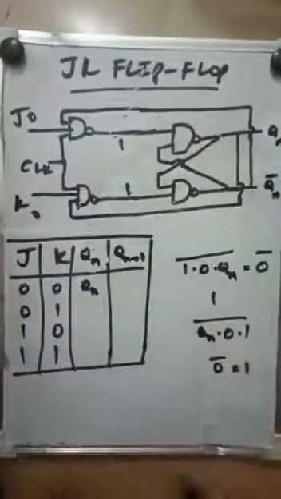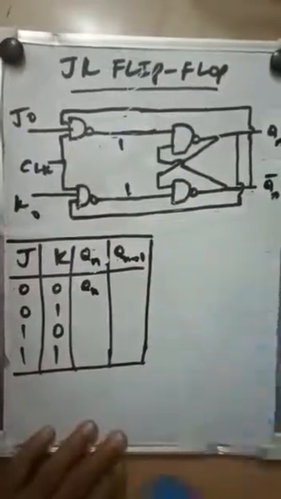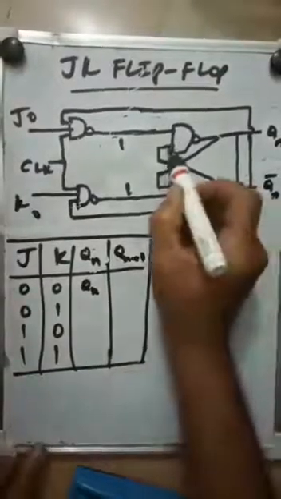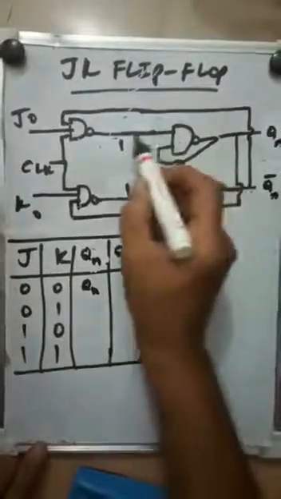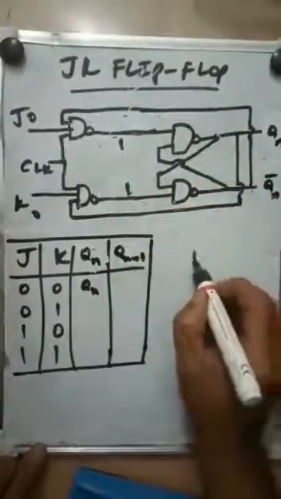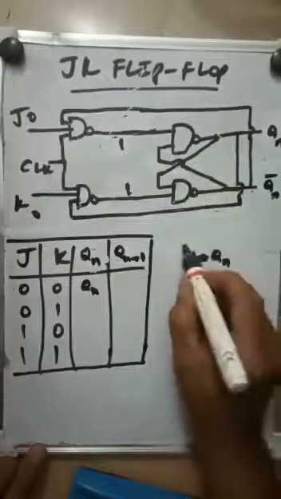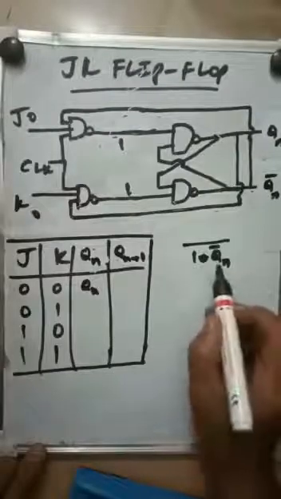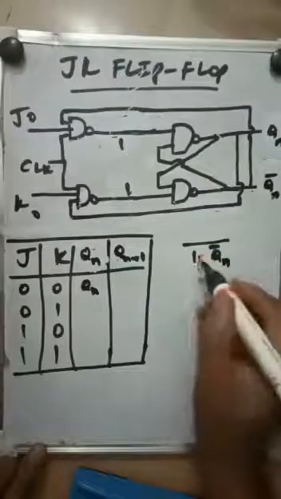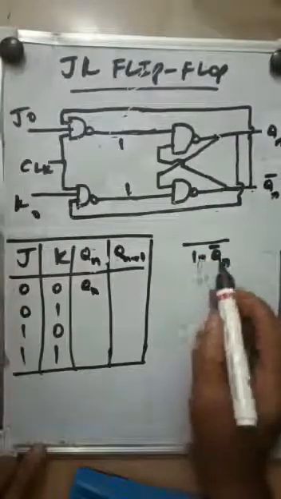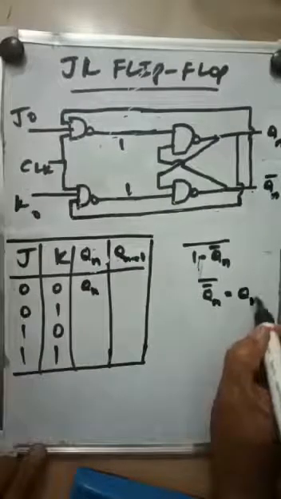Then what is the output here? QN bar is connected to this, and 1 is connected here. The output is 1 dot QN bar, because it is a NAND gate, so this becomes QN bar whole bar, which is QN.